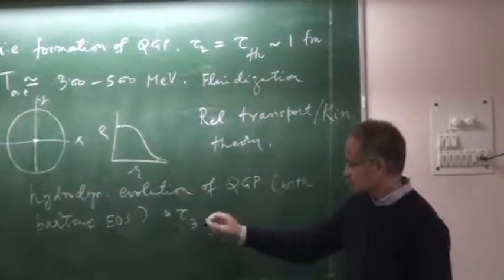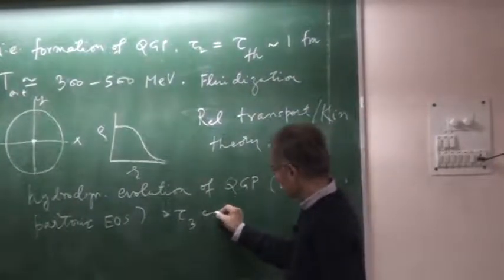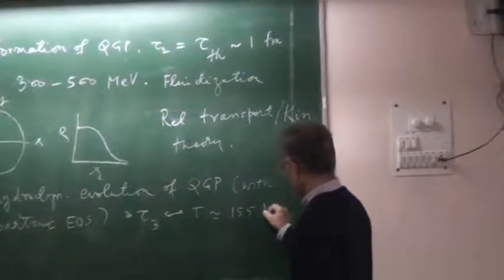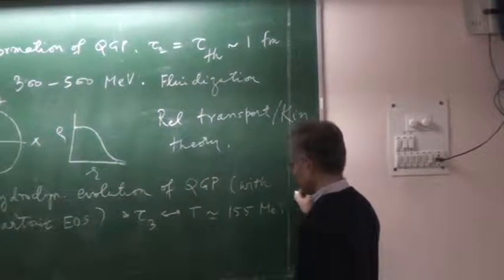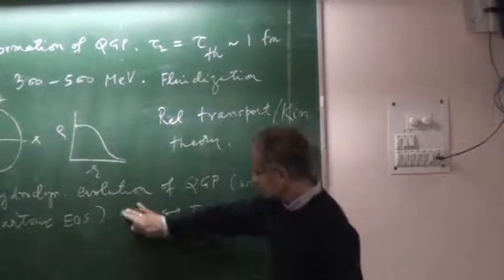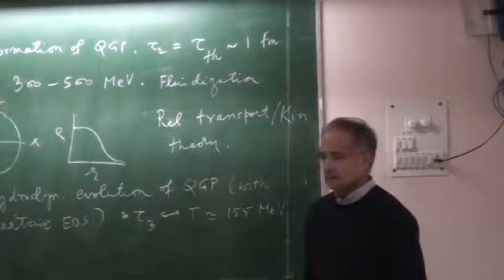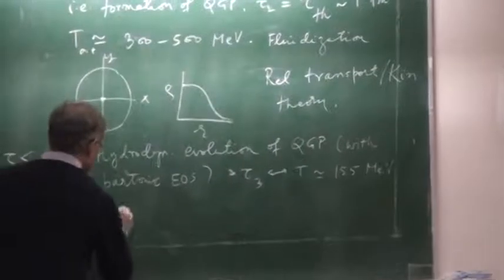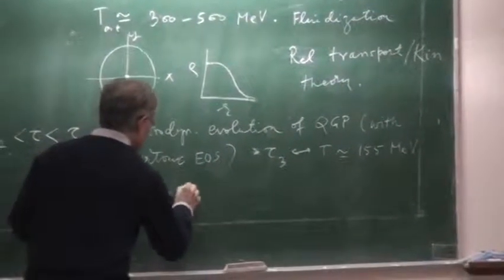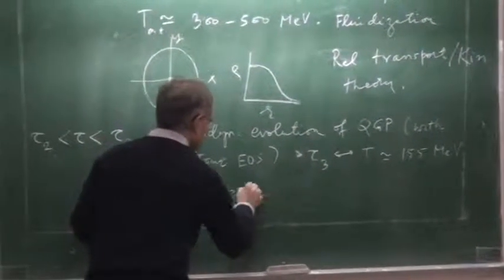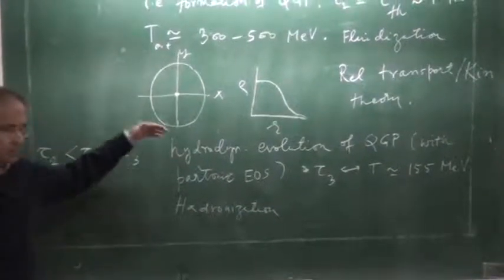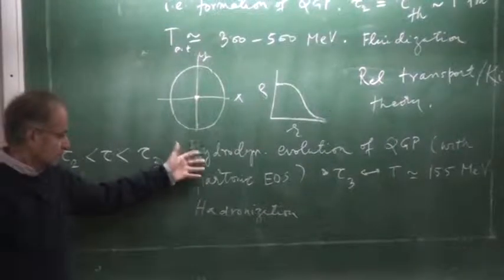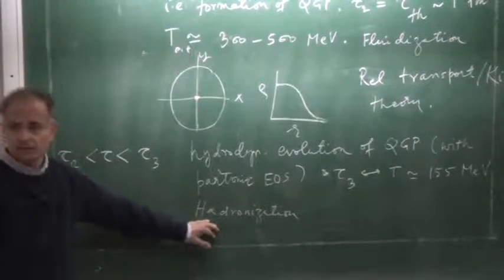So tau 3 corresponds to a temperature which is about, and this is when the hadronization takes place. When you go through that temperature crossover region, partons combine into hadrons.